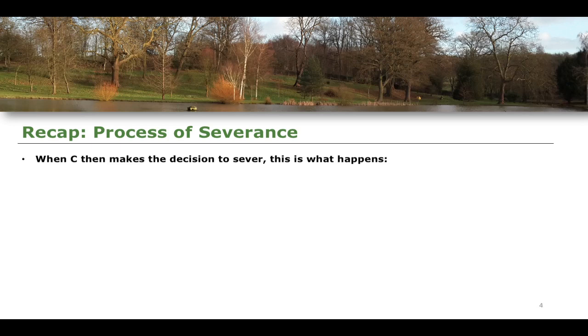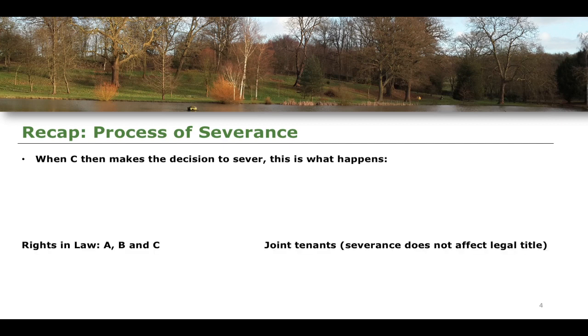And then we go through the process of severance. Let's say that C decides that they want to sever their interest and become a tenant in common. What happens here is that at law, nothing happens. Severance does not affect legal title. A, B, and C remain joint tenants in law.